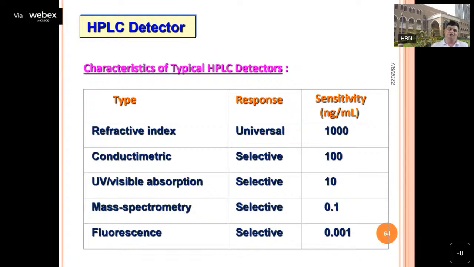By putting in various kinds of detectors, we get quantification at various levels. With a fluorescence detector, your detection limit is 0.001 nanogram per ml, which is basically 1 picogram per ml. So you know how sensitive this technique is.